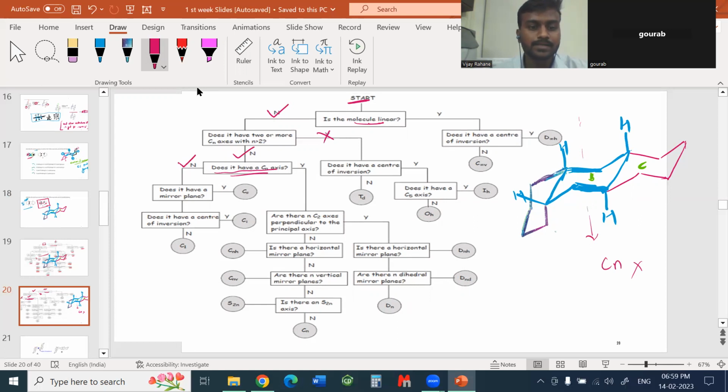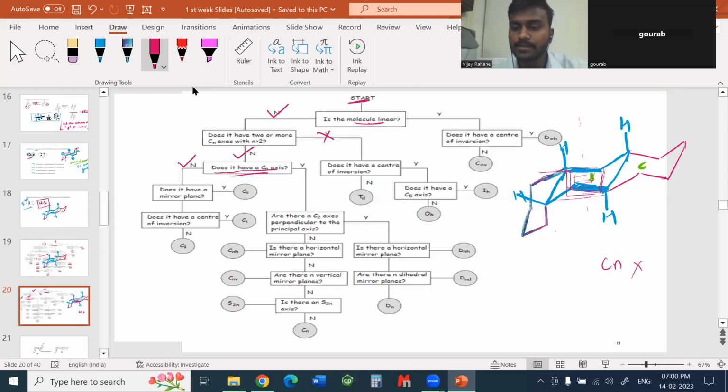Now we need to check, does it have any mirror plane? If you pass a plane through the plane where these four carbon atoms belong, you can see it doesn't have any plane. If you pass a vertical plane through this carbon atom, it doesn't have a plane here also.